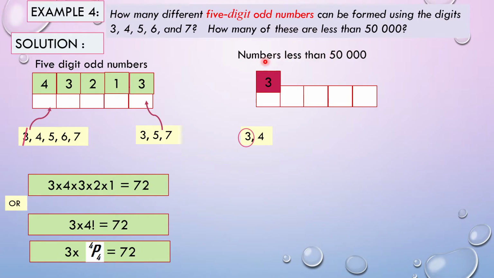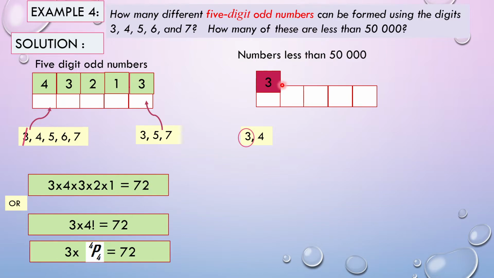So we have 2 conditions to fulfill here. One, the number has to be an odd number, and another criterion is that the number has to be less than 50,000. When you come across a question like this, where you have two conditions to fulfill, you have to fix one of them.